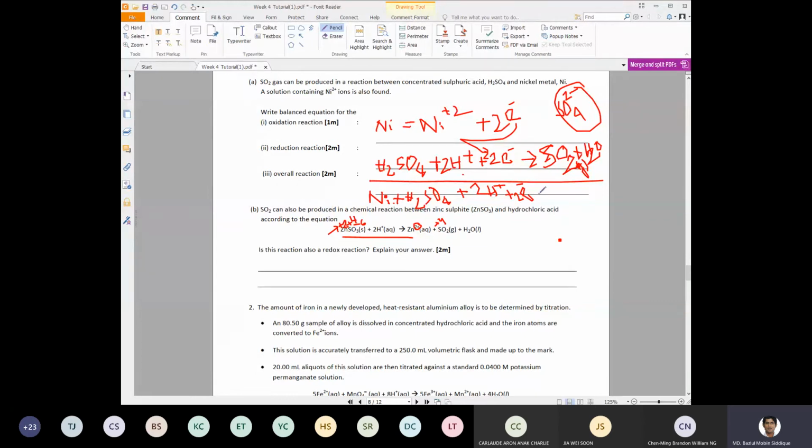Okay, and then it becomes sulfur dioxide gas and water and nickel ion positive. I hope that you can follow. Plus nickel ion, plus 2.